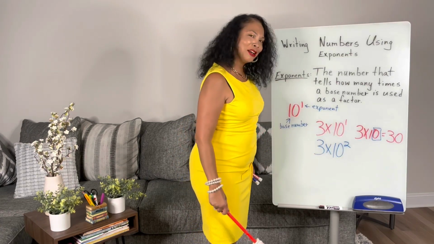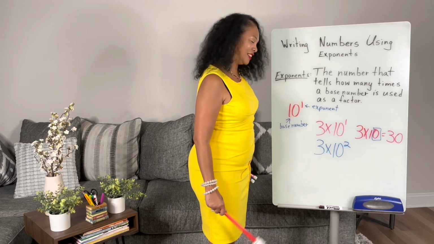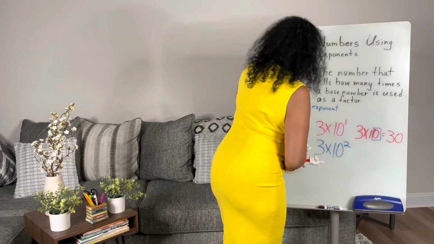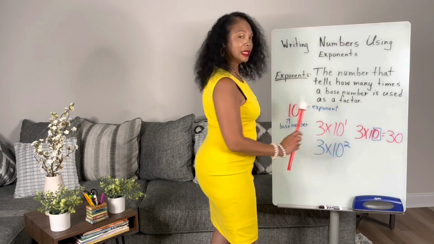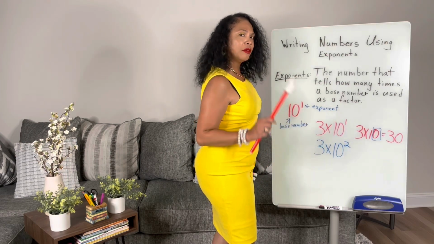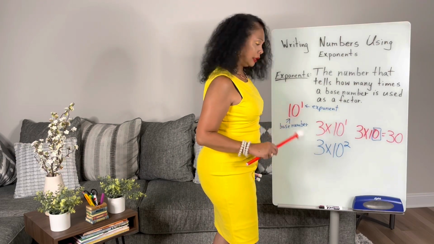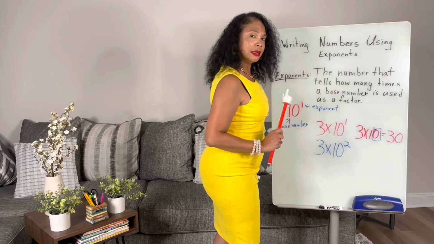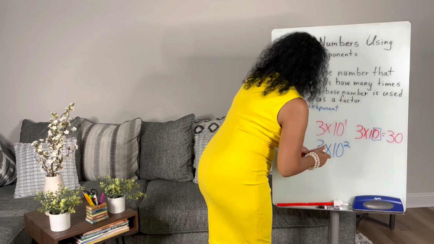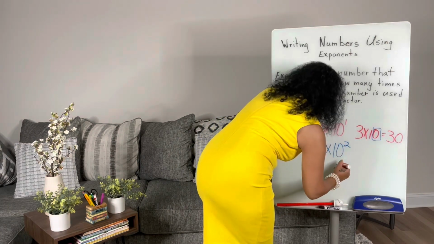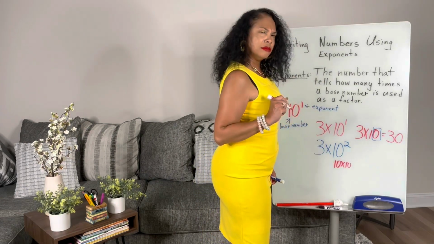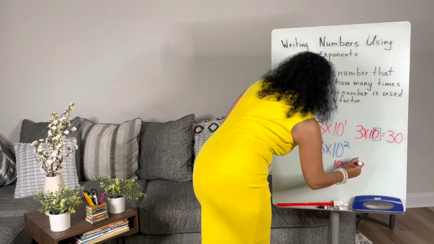You're paying quite the attention, aren't you? So how many times does this 2 tell the 10 to be used as a factor? And remember, factor means to multiply, right? That's right, twice. So we are going to multiply this 10 2 times. So 10 times 10 equals what? Yes, equals 100.